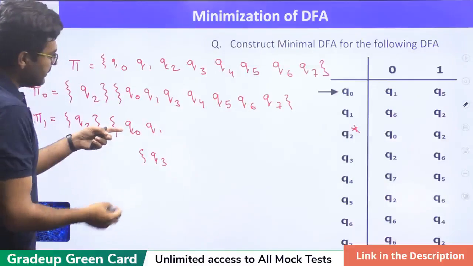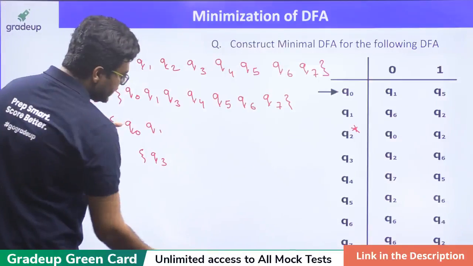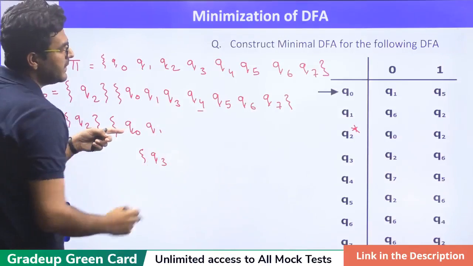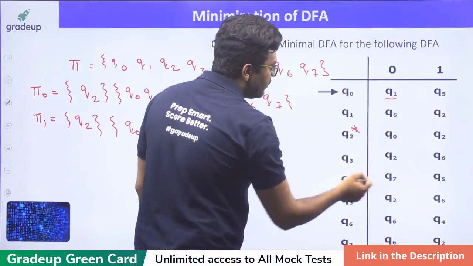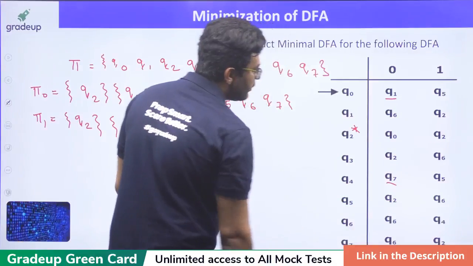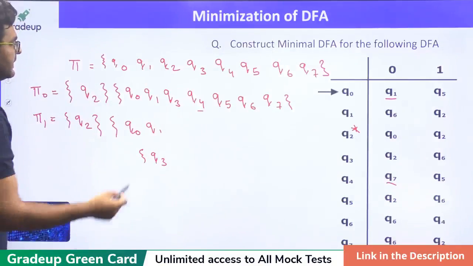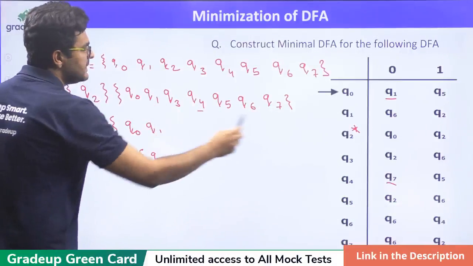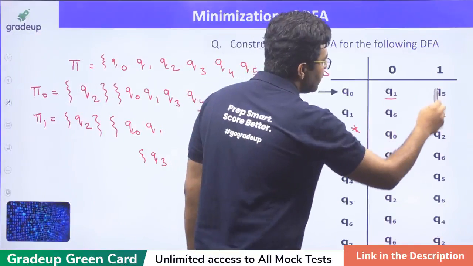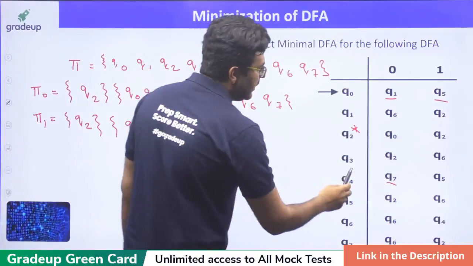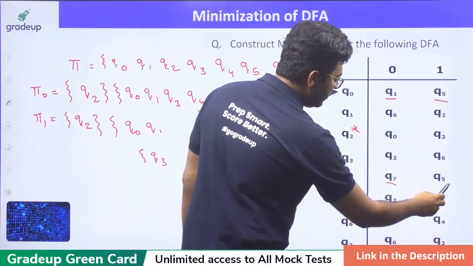Okay, so now with Q0, we need to check the next state, that is Q4. With Q0 on Q4, we observe that on 0 it is going to Q1 state and that is going to Q7 state. So Q1 and Q7 are in the same set, so we can't take a decision right now. Next, check on 1. Q4 is going to Q5 state.